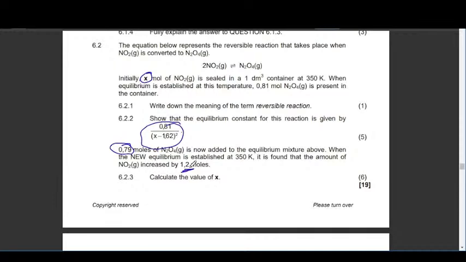So if it increased by 1.2, I have to add it there.